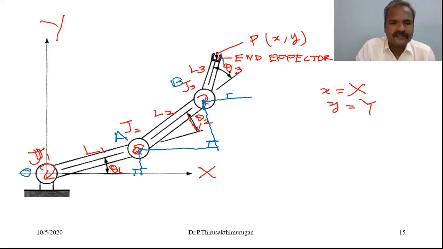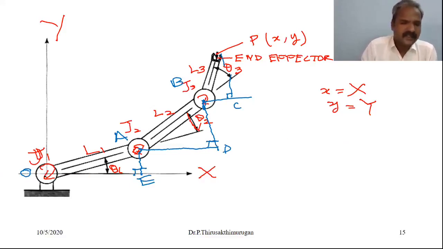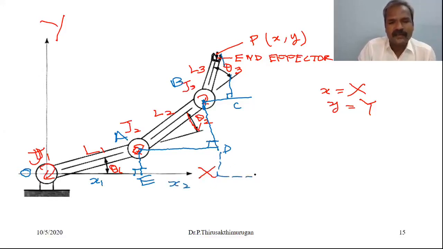Then say C, D, E. So A, B, C, D, E. Now OE is nothing but x1, ED is x2, and similarly DC is x3.